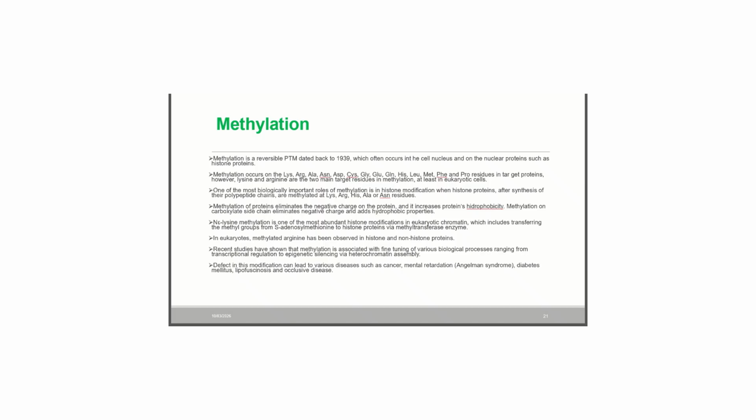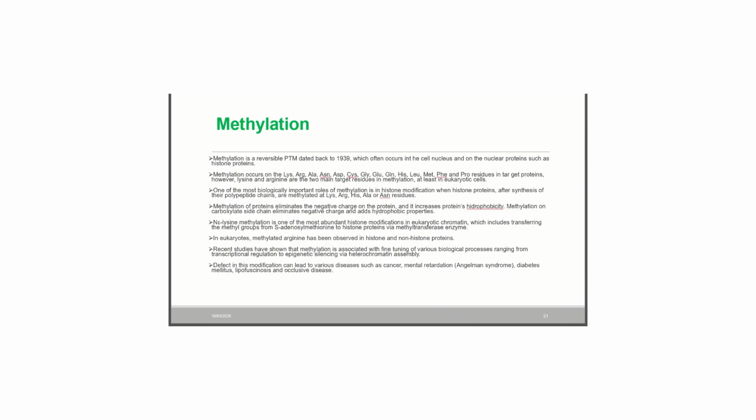The third process is methylation. Methylation is also a reversible type of modification. It dates back to 1939 and occurs in specific types of amino acids: lysine, arginine, asparagine, glycine, and other residues in target proteins.